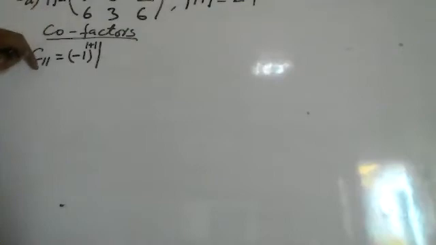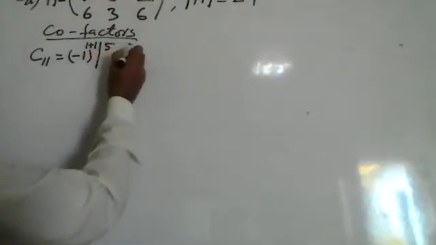Leave this row and this column. The remaining entries are 5, 2, 3, 6. Determinant 5, 2, 3, 6.